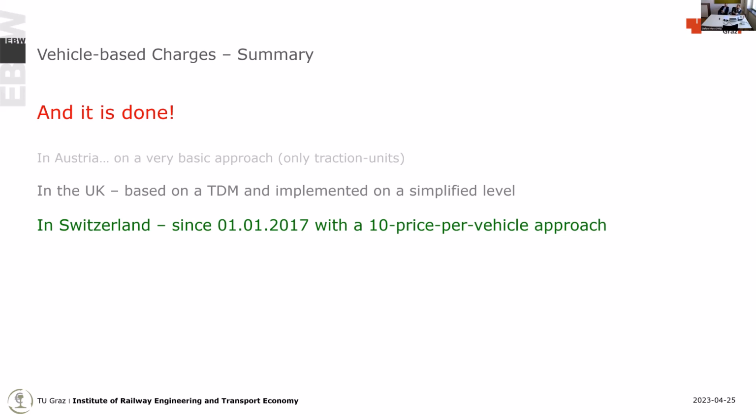And they made it possible, with all the necessary and available data that you have nowadays, to depict exactly the way of the vehicle on the network, which track radii are passed, which was the operating speed, and then it's simply multiplying this amount of kilometers with those prices.